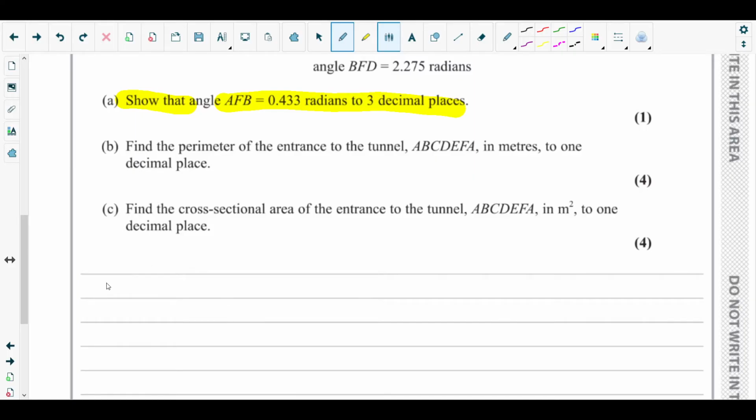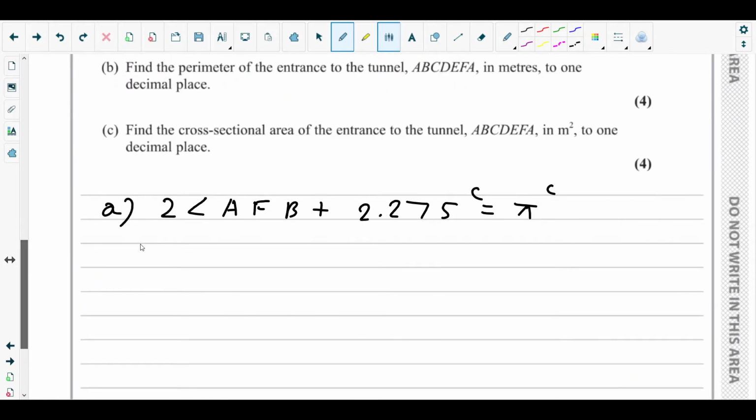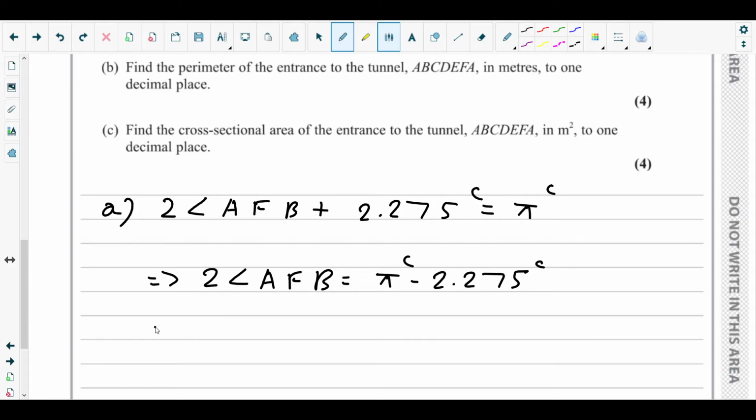So for part A we can write: twice angle AFB plus 2.275 radians equals pi radians, because both the angles are equal. From there we find angle AFB. Twice angle AFB equals pi minus 2.275.